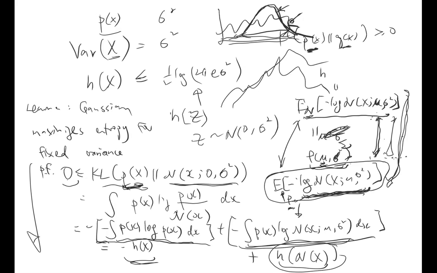So one more thing. Let's try to link the differential entropy with the regular entropy, the discrete entropy. Let's say I have some continuous random variable x here.